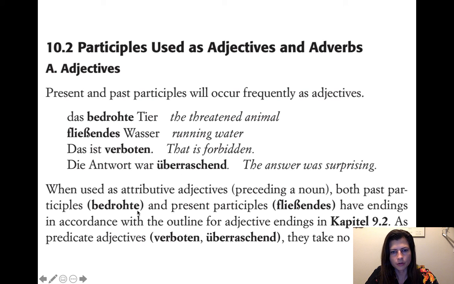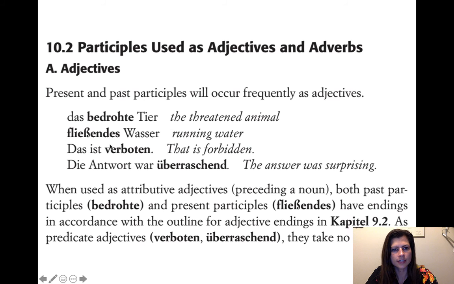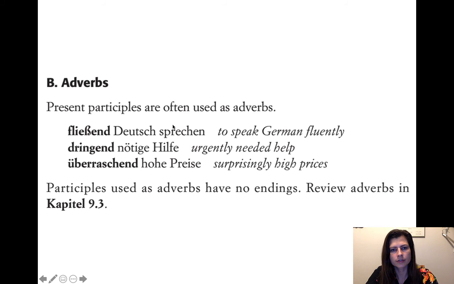Yeah, so then we have present participles that are often used as adverbs. So we have fließen, Deutsch sprechen. So the difference between fließendes Wasser, running water or flowing water, versus to speak German flowingly, which is the same word. It means fluently or flowingly.